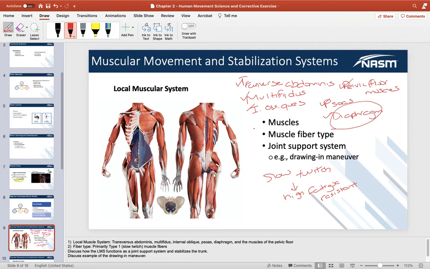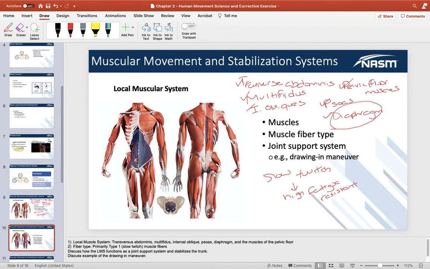You want to do something like that, drawing in, for example, when you're doing a squat or a deadlift, where we want to have the spine stabilized, and that's really what we're looking for. So, the local muscular system is definitely more internal, more closely linked to the spine and the pelvis, and it's going to help us to maintain that proper line of function.